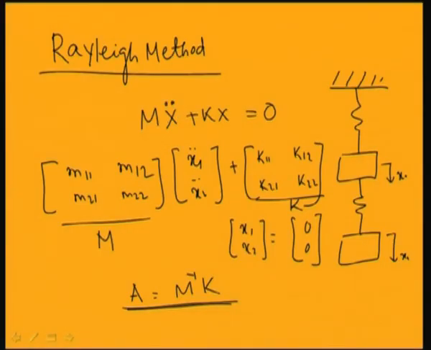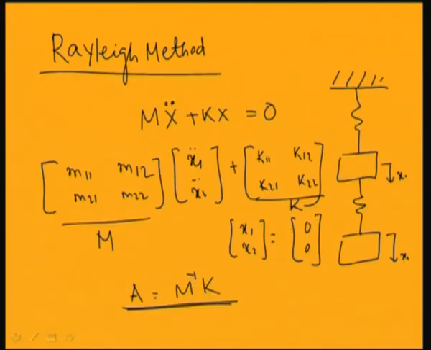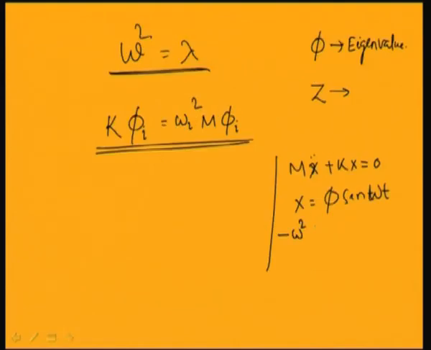So, x can be written as phi sin omega t. Substituting x equal to phi sin omega t into the equation, it becomes minus omega square m phi plus k phi equal to 0, or for the ith mode, k phi I equal to omega I square m phi I.